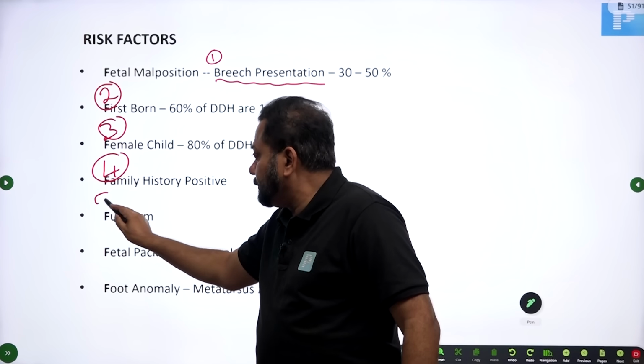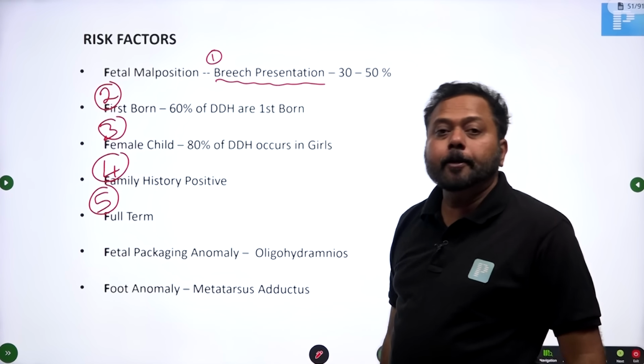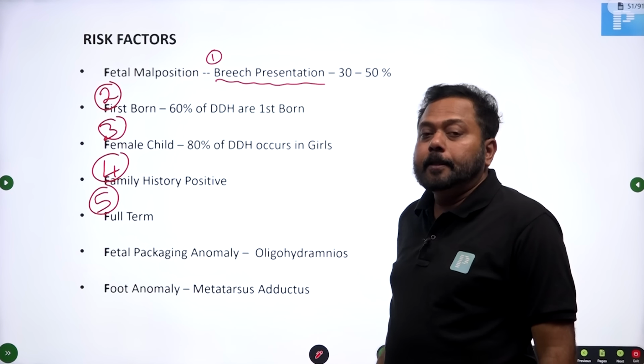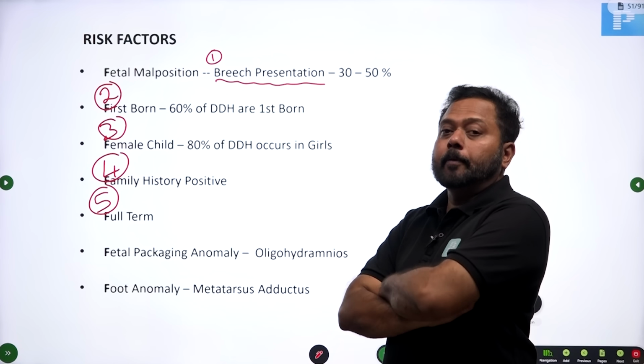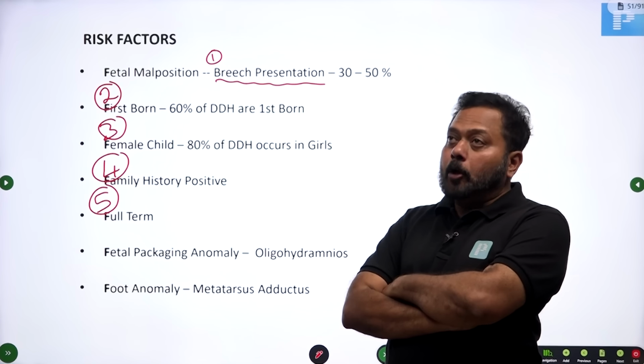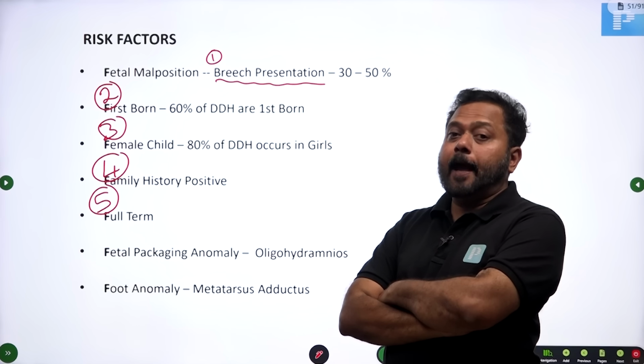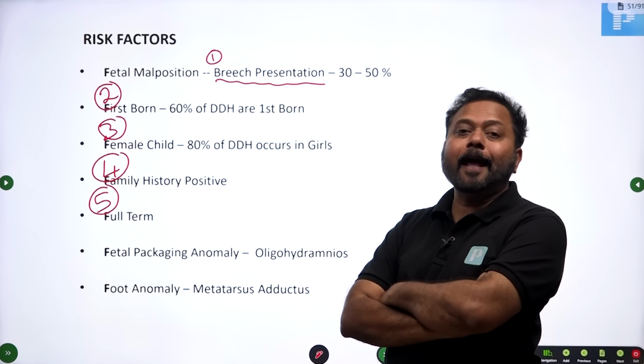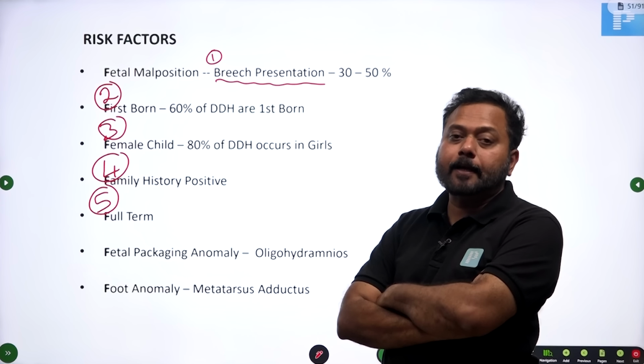Then full term. See, most of the conditions are common in preterm. Dear guys, this DDH is common in full term. Because only in full term, in a normal labor, what happens? There is a theory called the hormonal theory. That hormone is called relaxin.